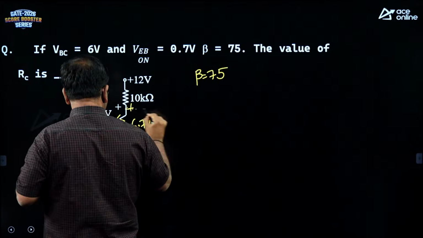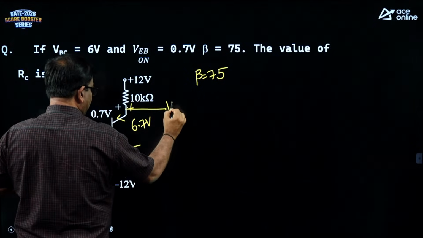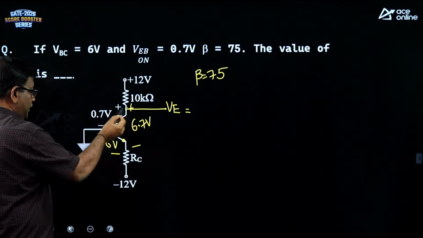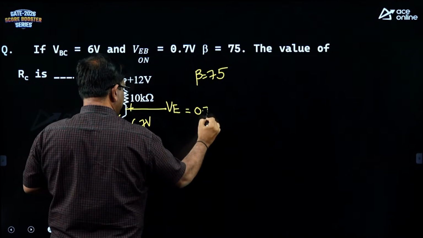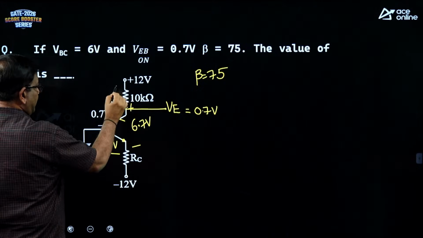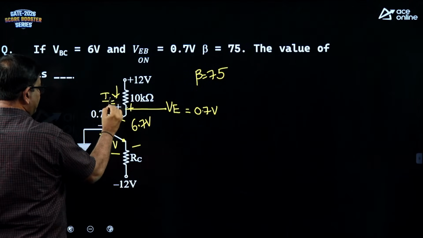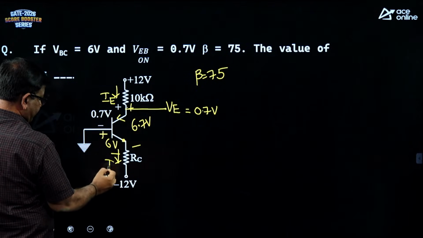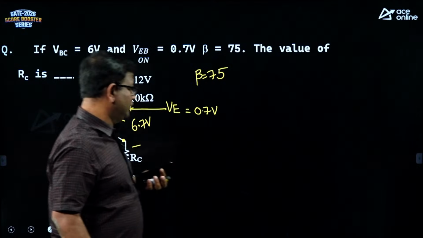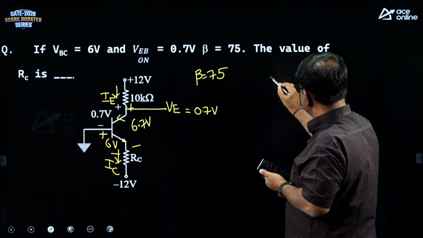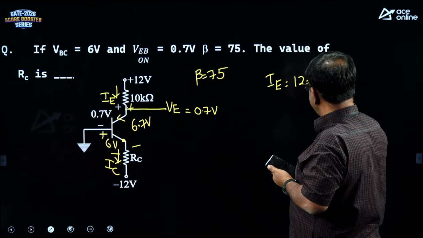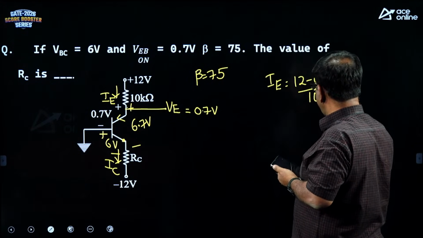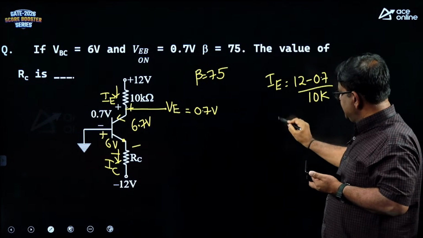So, voltage is always measured with respect to ground. So, VE minus 0 is 0.7, so VE is 0.7. Here you have IE, this is IC. So, let us find IE first. IE is going to be 12 minus 0.7 by 10K. And what is IC?